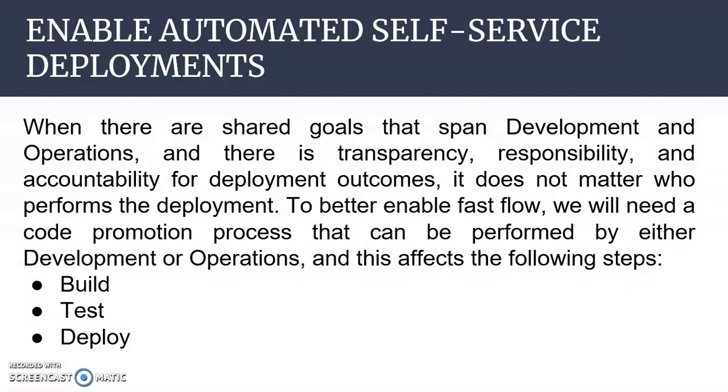First, build. Our deployment pipeline must create a package from version control that can be deployed to any environment, including production. Second, test. Anyone should be able to run any or all of our automated test suite on their workstation or on our test systems. Third, deploy. Anybody should be able to deploy this package to any environment where they have access.